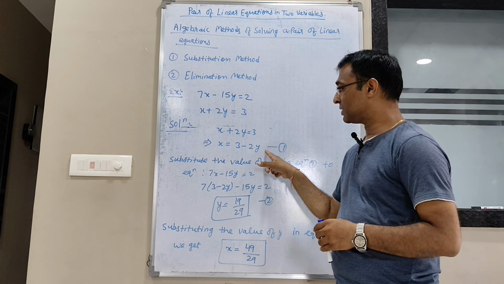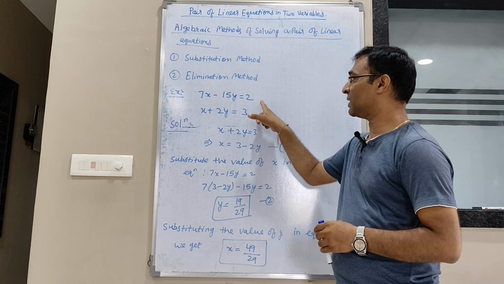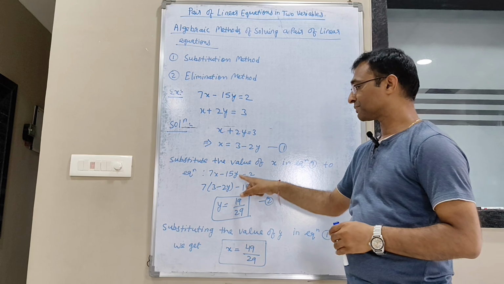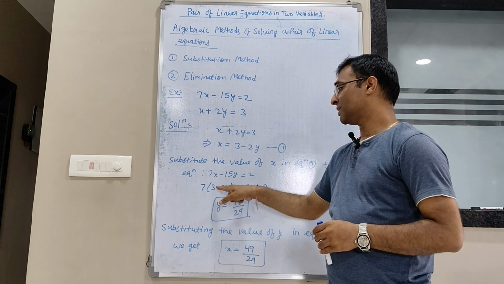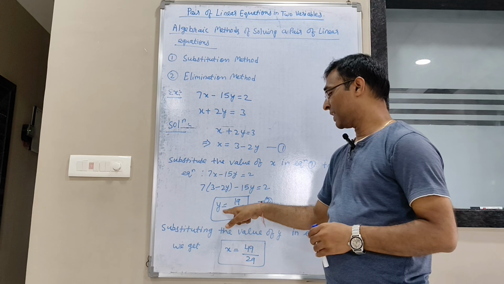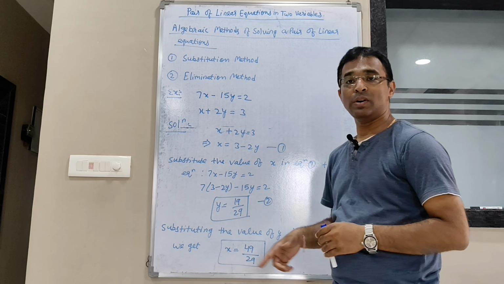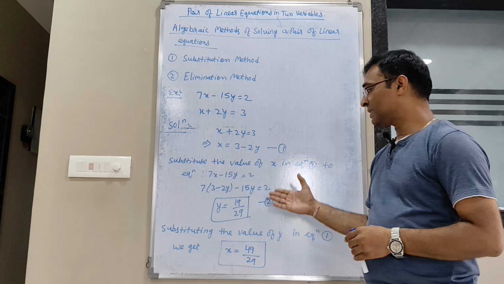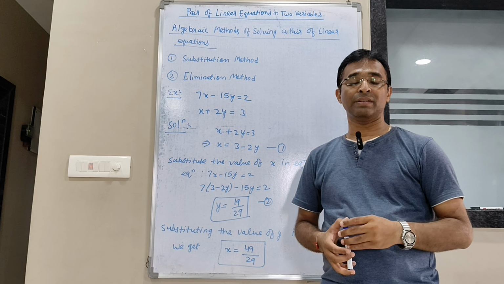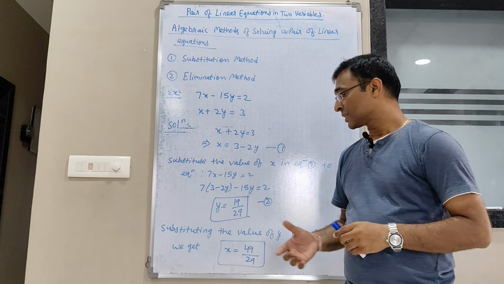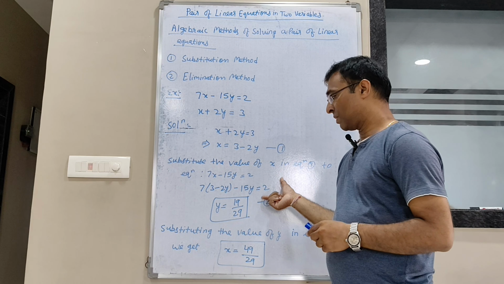Now we are substituting this value of x in equation 1. So substituting the value of x in the first equation, we get the value of y equals 19 upon 29. This is a very simple calculation of a linear single variable, and you can perform it.